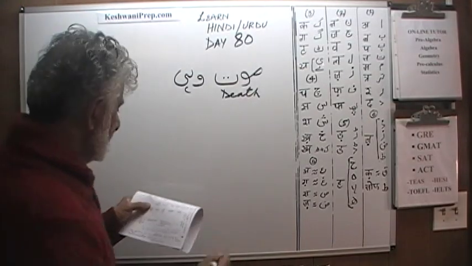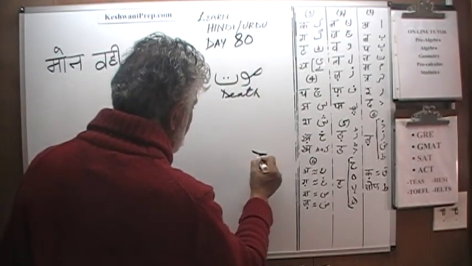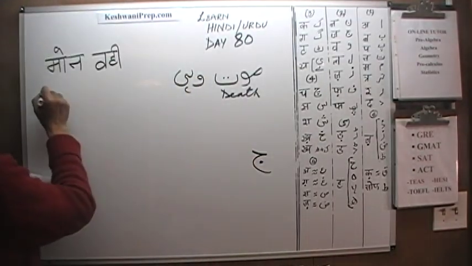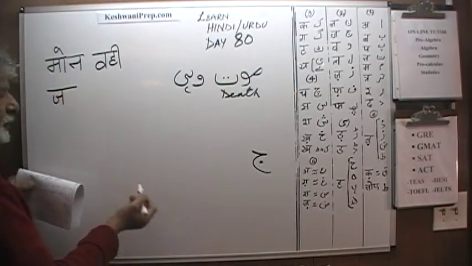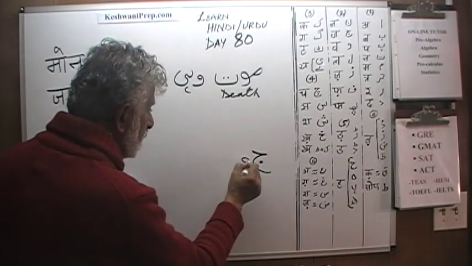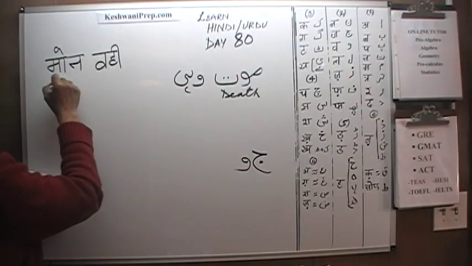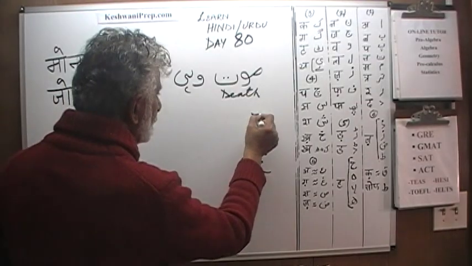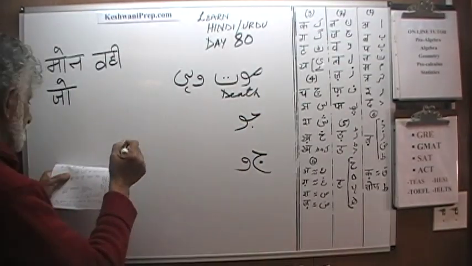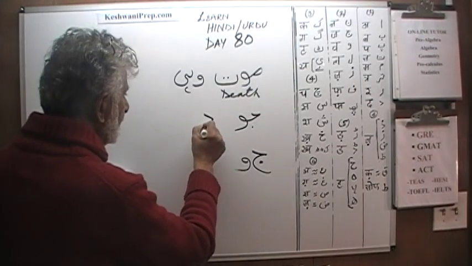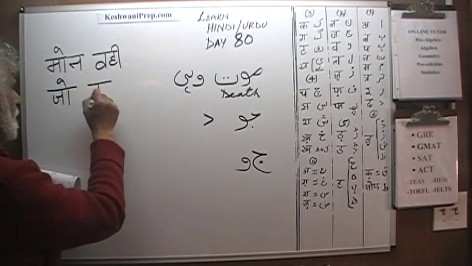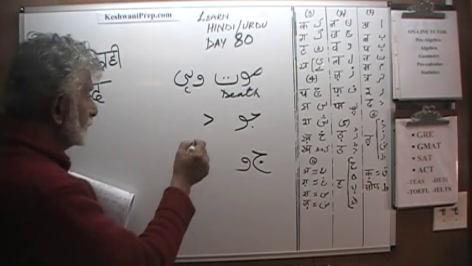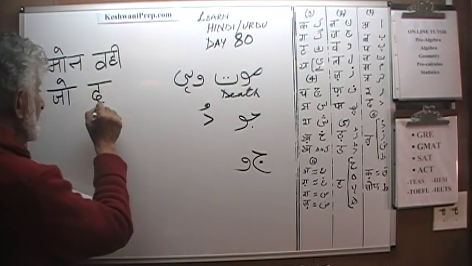Maut, wahi. Jo. Jim. We don't need a jo, we need a jo. Maut, wahi, jo. Dunya. Dal. That's a da. We don't need a da, we need a do. We put a pesh on top of it.